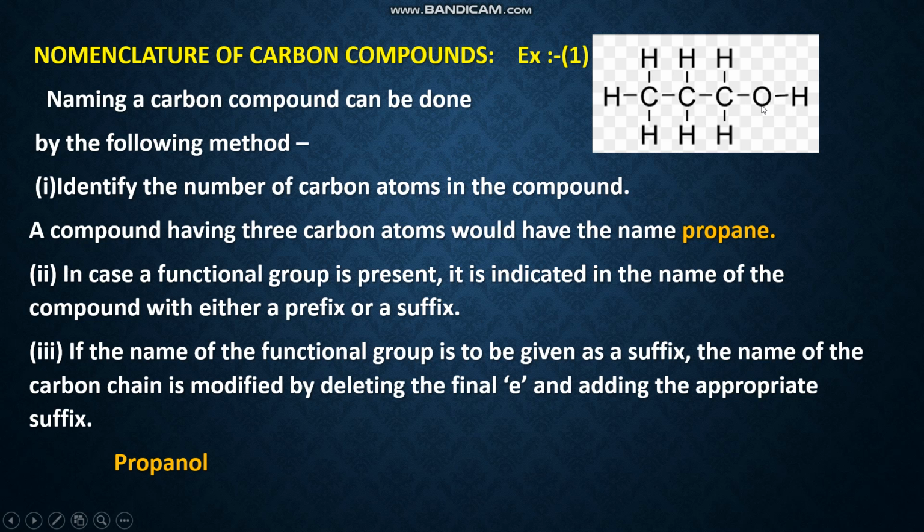If the functional group is alcohol OH, CHO, COOH or CO, we have to give the suffix; the final E is replaced by the corresponding suffix. If it is chlorine or bromine, we have to give the prefix, before the name, chloro or bromo. So here, as it is an alcohol group or OH group, the E is replaced by OL. The name of this compound is propanol.